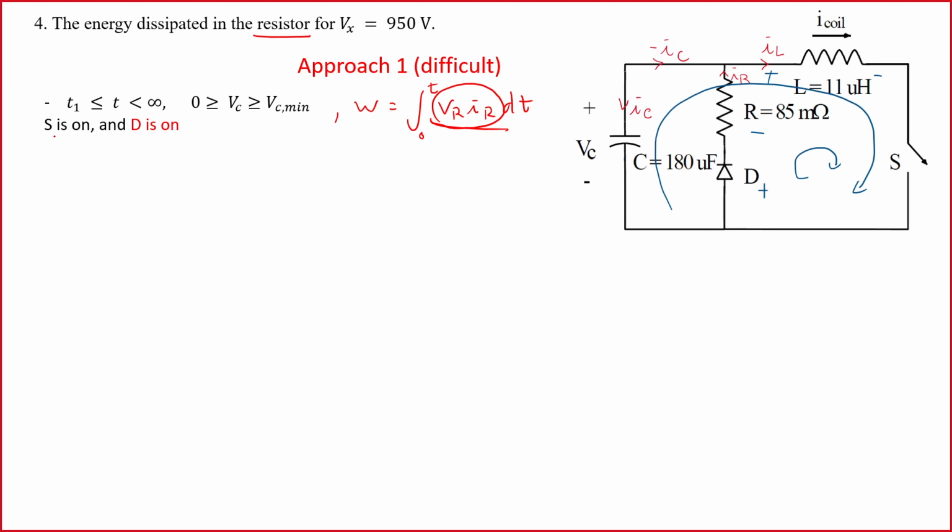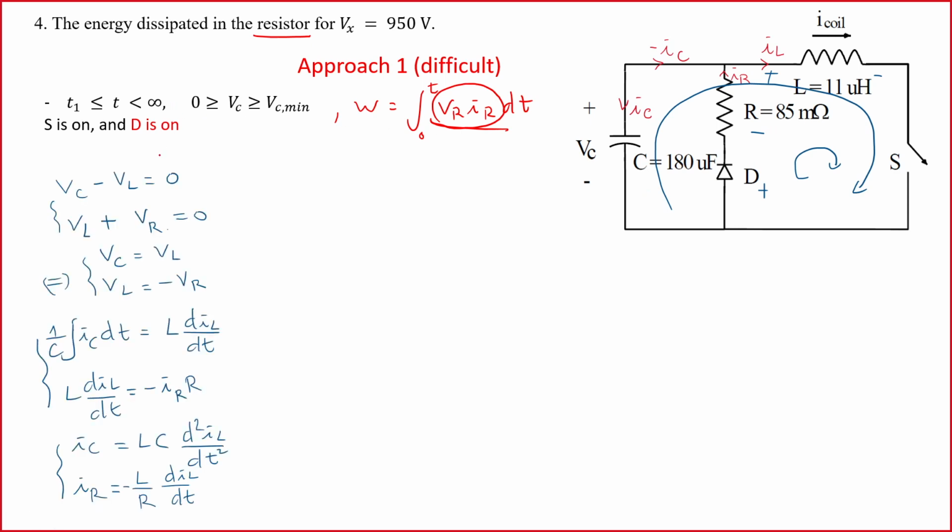So in this case, S is on, D is on. So you have the full branch circuit, including capacitor, resistor, and inductor. So you derive the governing equation for the circuit.